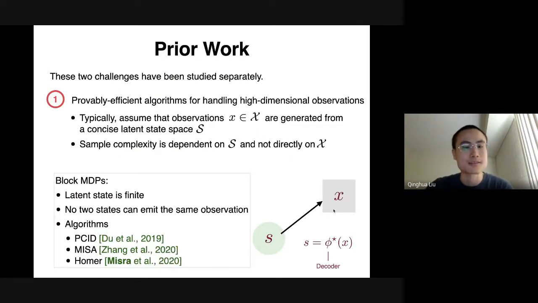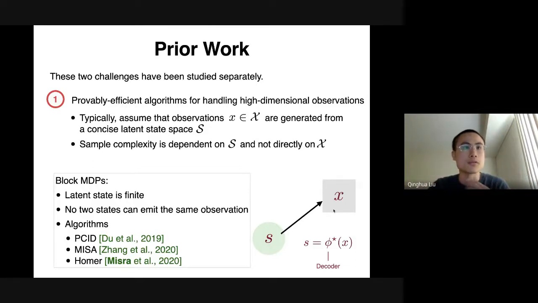Existing works have basically studied these two challenges separately. In the first line of work, people mainly focus on reinforcement learning with rich observation or high-dimensional observation. In this setting, people typically assume the observation is generated from a more concise latent state space, and the sample complexity derived only depends polynomially on the size of the latent space instead of the size of the observation space.